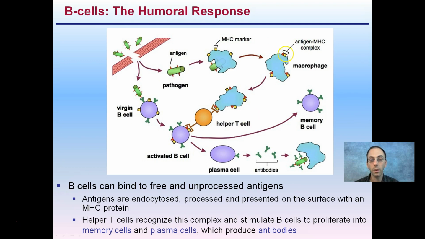The antigen-MHC complex is indicating, hey, this is an antigen that we need to be able to recognize and destroy because we've now marked this as a foreign invader. The helper T cells recognize this complex, and they will stimulate B cells to proliferate into memory cells and plasma cells, which are responsible for the production of the antibodies. And here's our memory B cell for long-term memory.